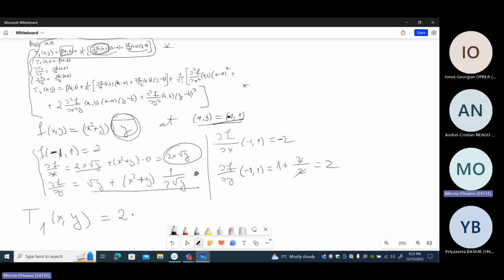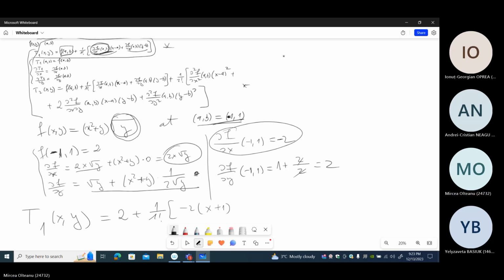So it's 2 plus 1 over 1 factorial, that is 1 of course, but we write it to have a complete formula, times the partial derivative, this one, it's -2, times x plus 1, yes?